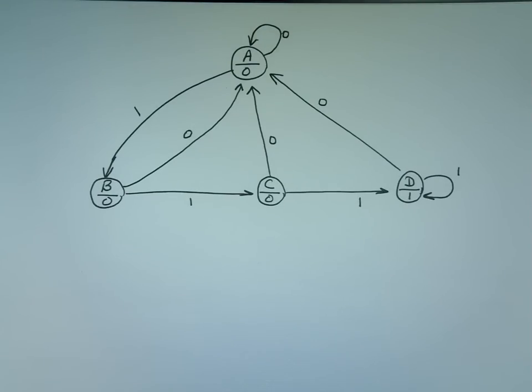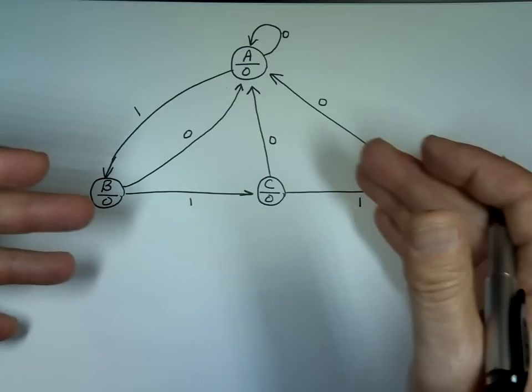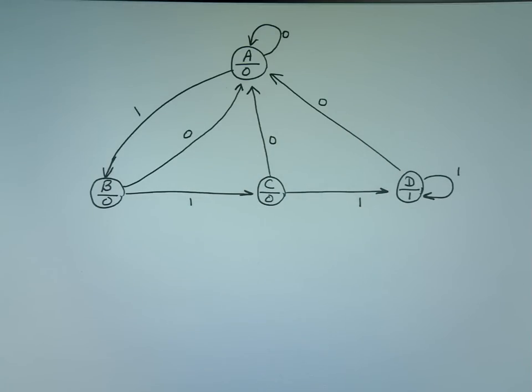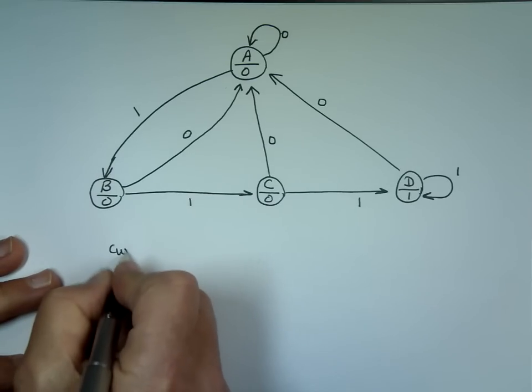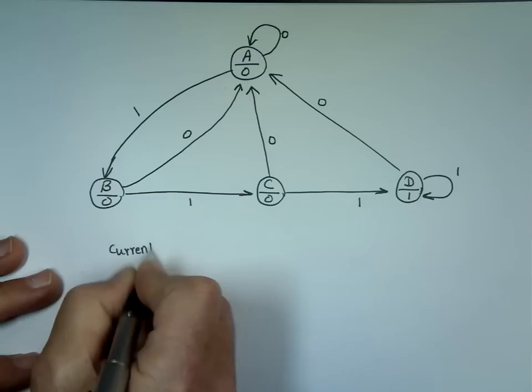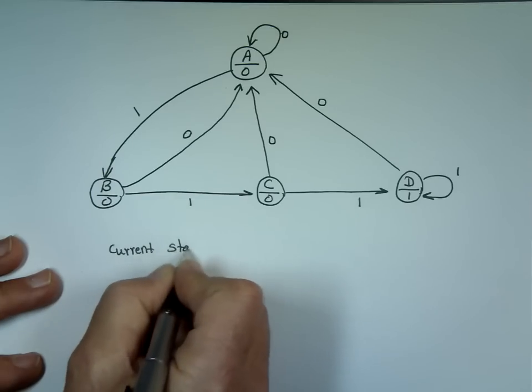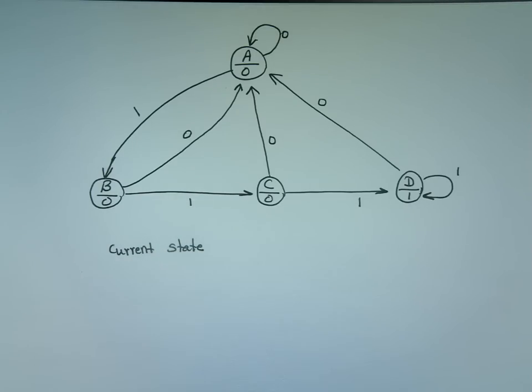Can I go from this state diagram to the state table? Let's look at my state table. So this is the current state. This is my next state right after it.